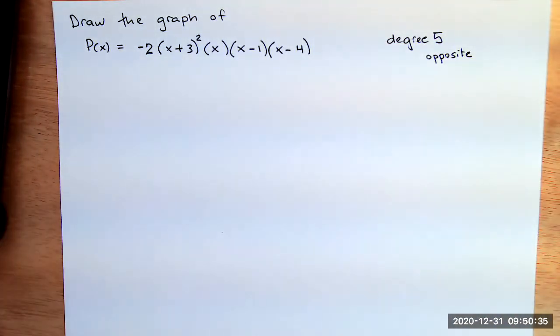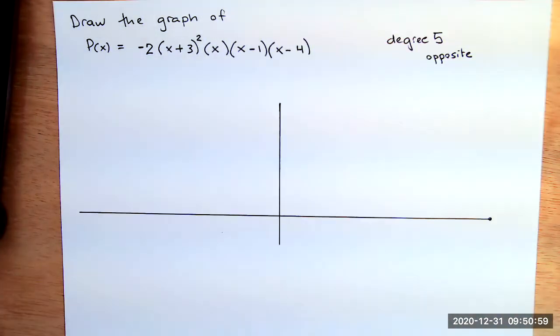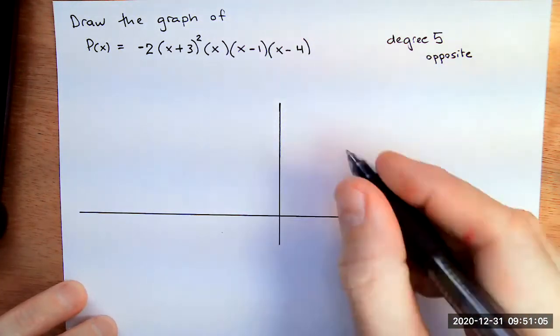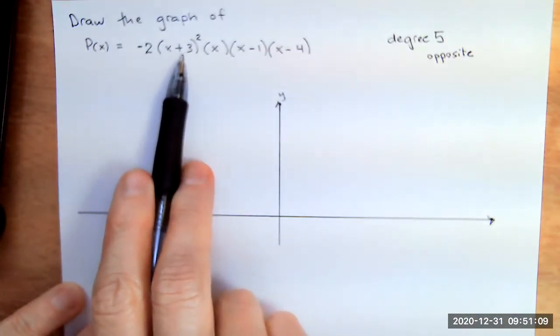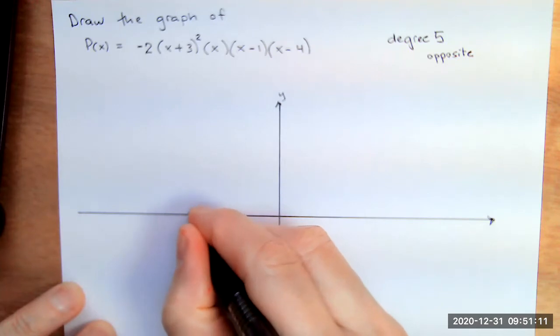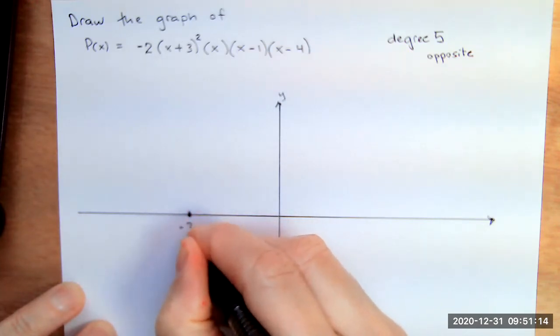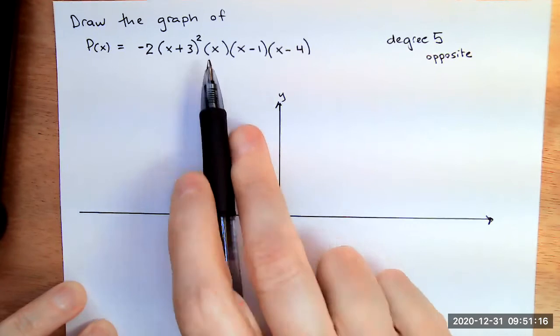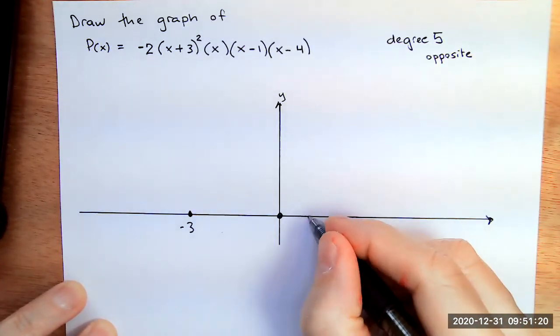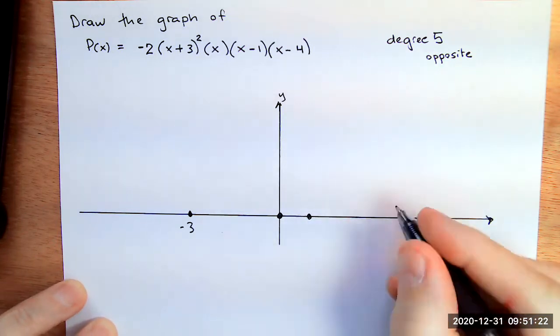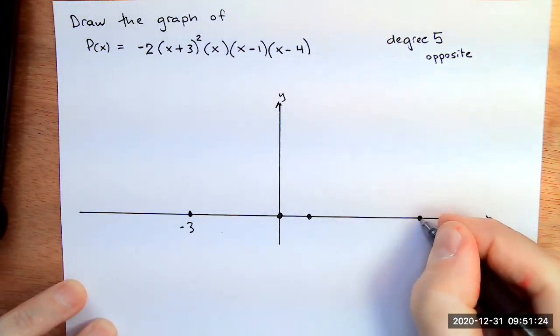Well, let's draw my axes. All right, then we want to plot the zeros of the polynomial. So that's going to be x equals -3, x equals 0, x equals 1, and x equals 4.